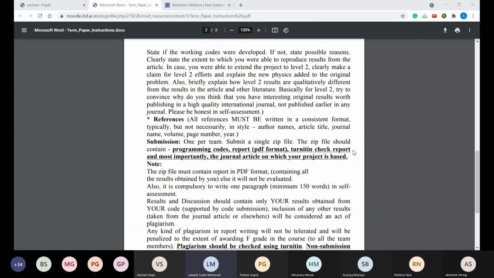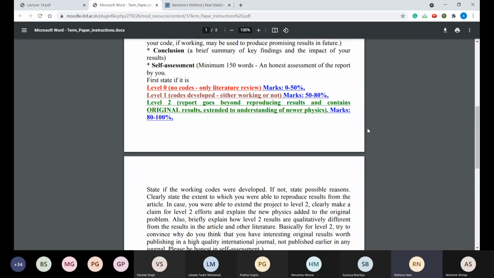Ma'am, can you please once again explain level 2, like what is expected from us in level 2? Okay, so just a very basic example.